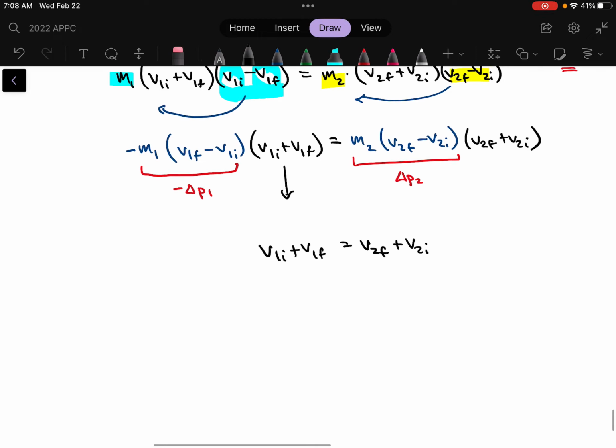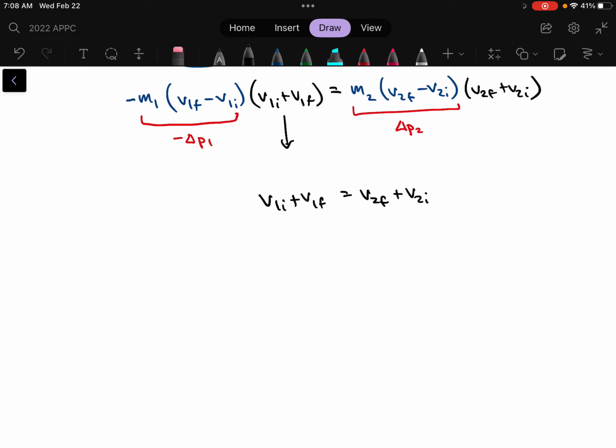Now the order of these from side to side doesn't matter, but this is saying that the total velocity, or the combined velocity of object 1 before to after, has to equal the total velocity of object 2 before to after, which gives you an additional equation in which to solve problems.